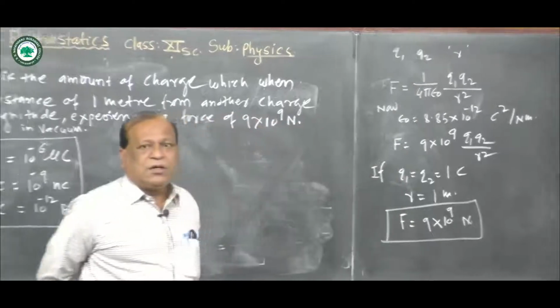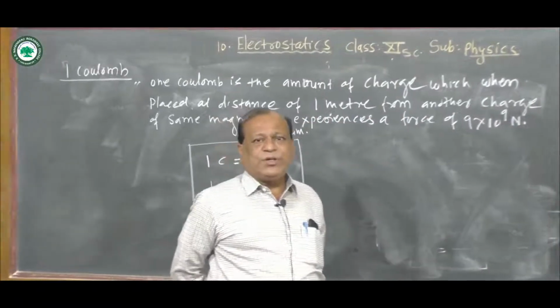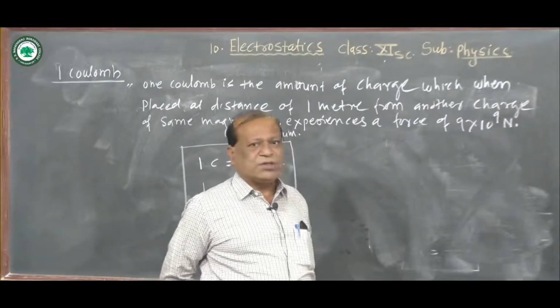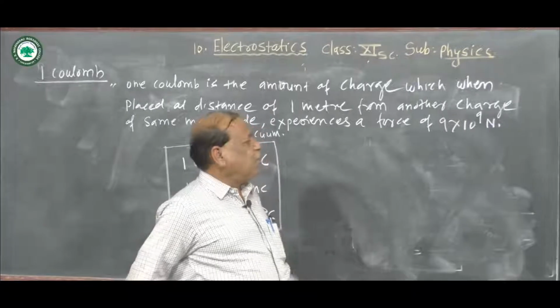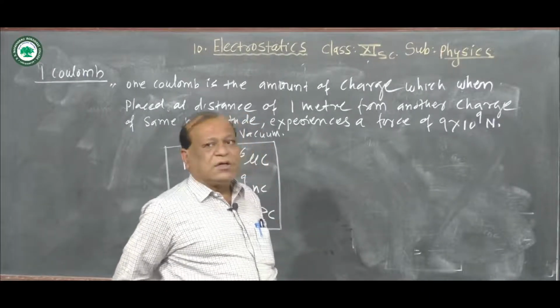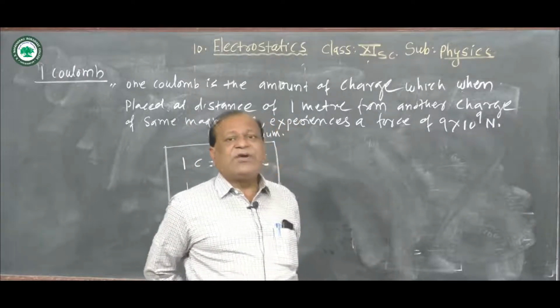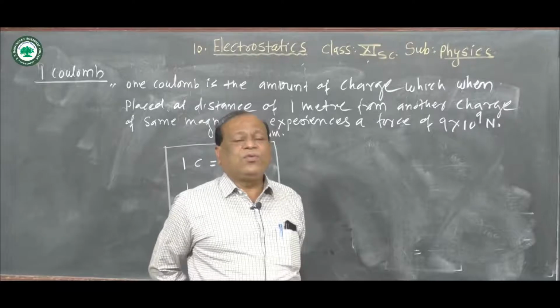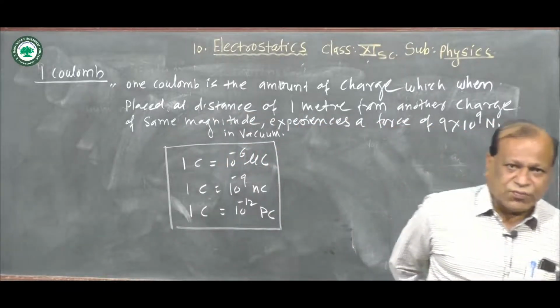We also explained the short article on relative permittivity, or dielectric constant, the ratio of two permittivities. Lastly, we saw the small article on the definition of 1 coulomb charge. Now we can stop here.